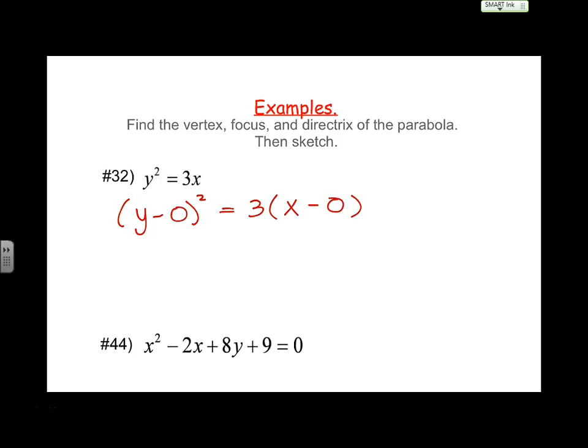We could think of it as y minus 0 and x minus 0. Careful, not p. Doesn't 4p have to equal 3? So that's going to be a little bit harder. We're going to have to say 4p is equal to 3, which means p is equal to what?